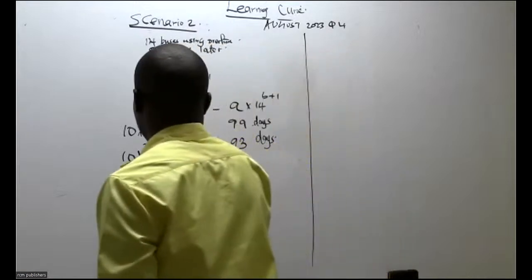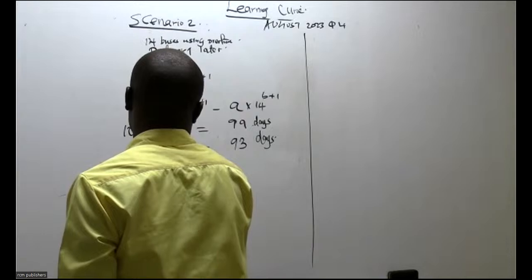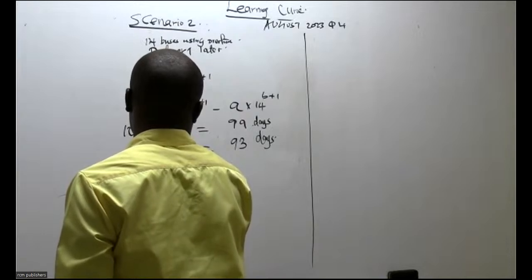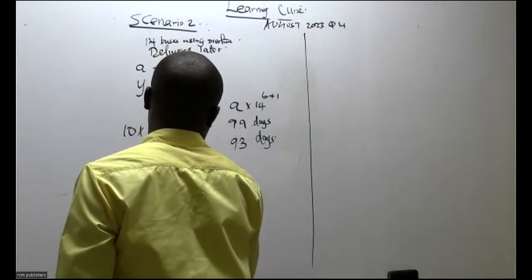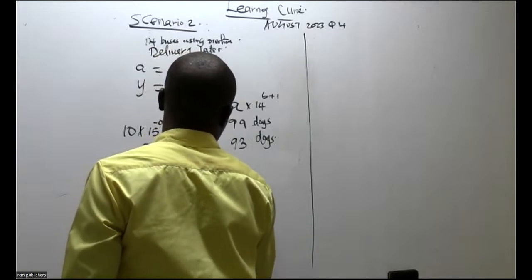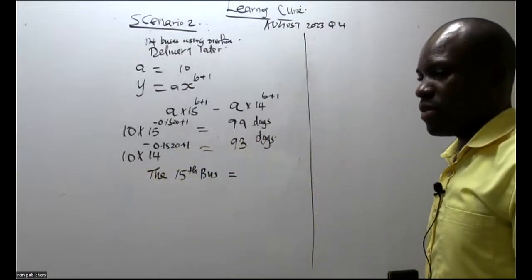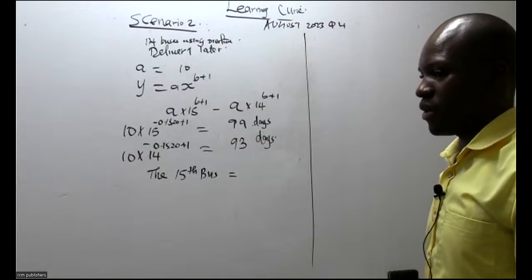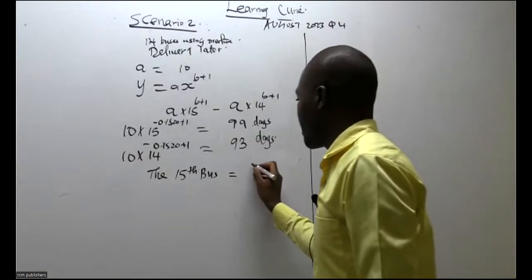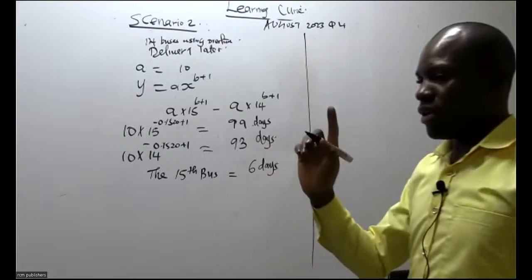So the last bus, the bus to be delivered later, is the 15th bus. How many days will it take for you to produce the 15th bus? It will take us 6 days. That's a new thing being introduced.